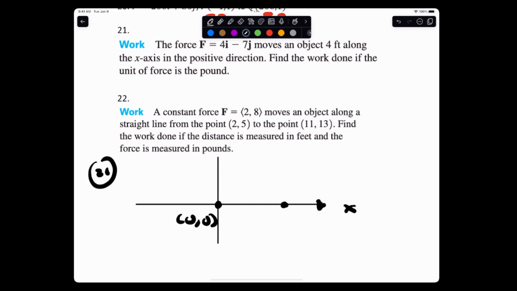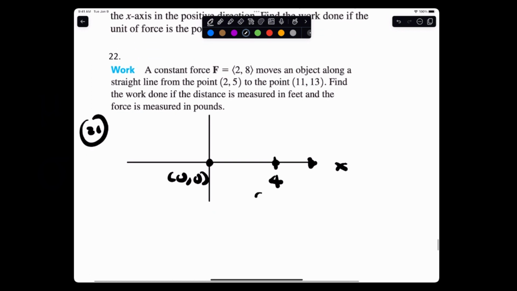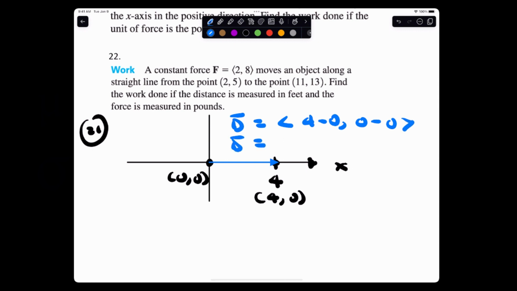This is the x-axis. This is 4. Now that endpoint is x is 4, y is 0. So the distance vector for number 21, that d vector, is 4 minus 0, 0 minus 0, 4, 0.